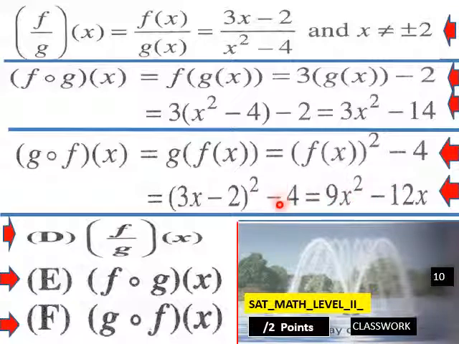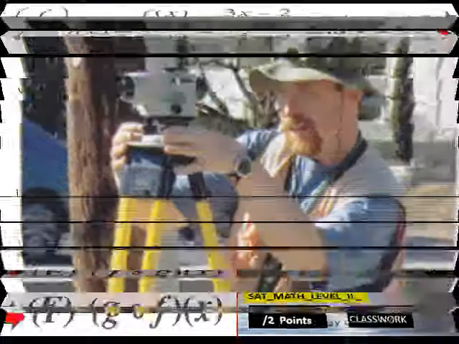When we get that from this here, then when we square that, what would that be? It would be 3x squared, and then we get a negative 12x, and then we square negative 2, that would be positive 4. Combine those two together, we get 0. So we just end up with 9x squared minus 12x when we square this.